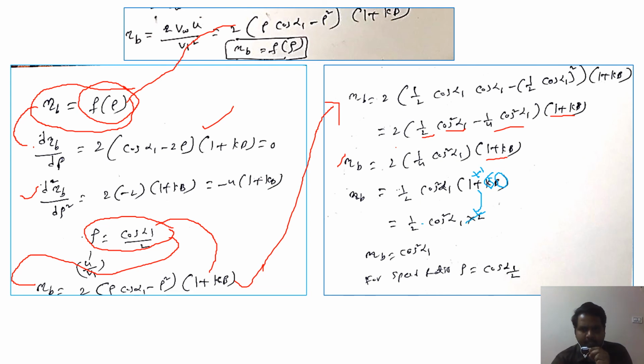Here the 2 gets cancelled, so blade efficiency is cos square alpha 1 for speed ratio cos alpha 1 by 2. So this is the condition for getting the maximum blade efficiency: rho should be cos alpha 1 by 2.